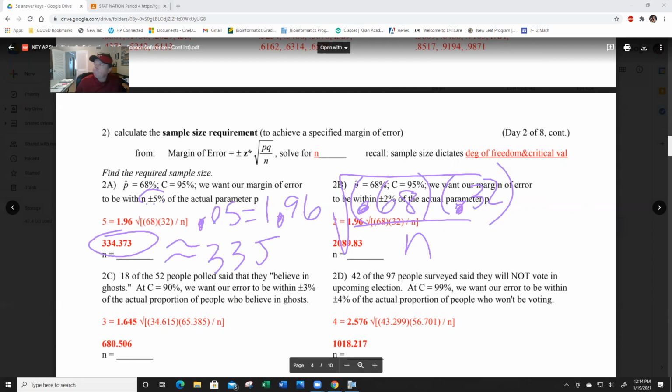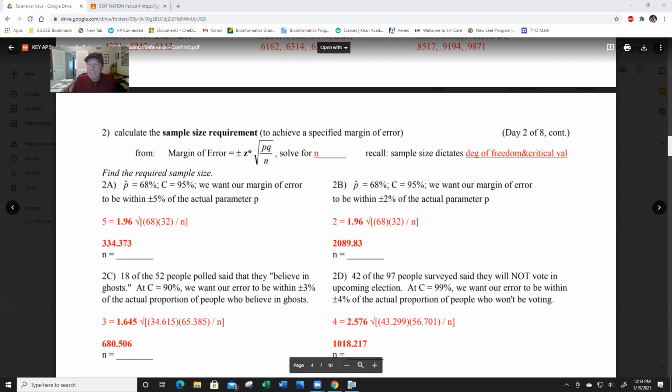Okay, let's do the next one now. Let's do part B. P is 68%, 95% confident. We want to be within 2%. So write this one down. 2% equals z star times p hat, 1 minus p hat over n.